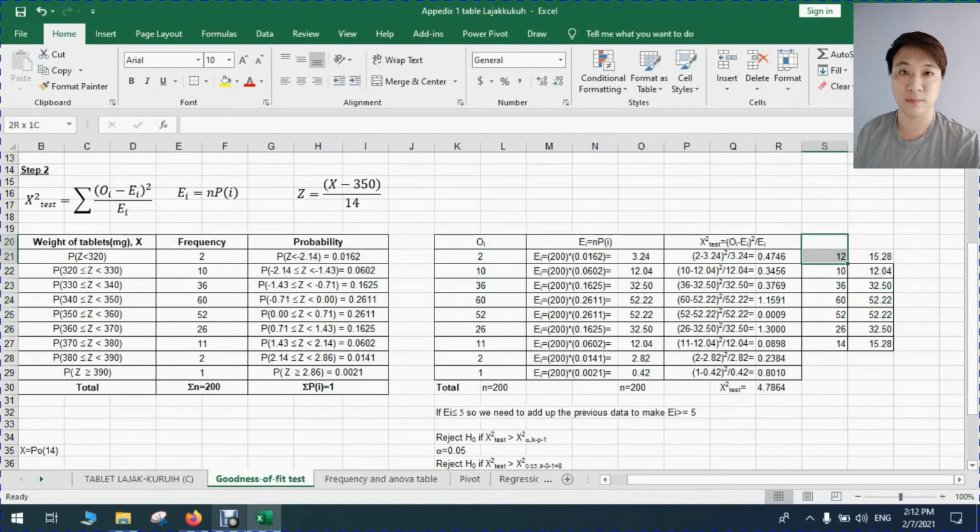This is my new observation, and this is my new expectation and my new chi-square test. So I need to recalculate this part.